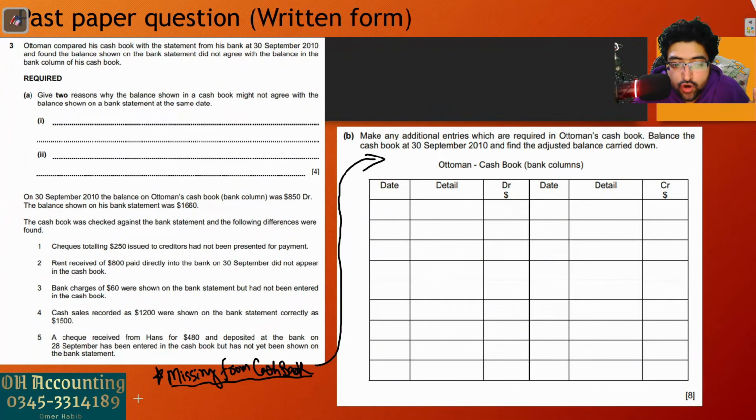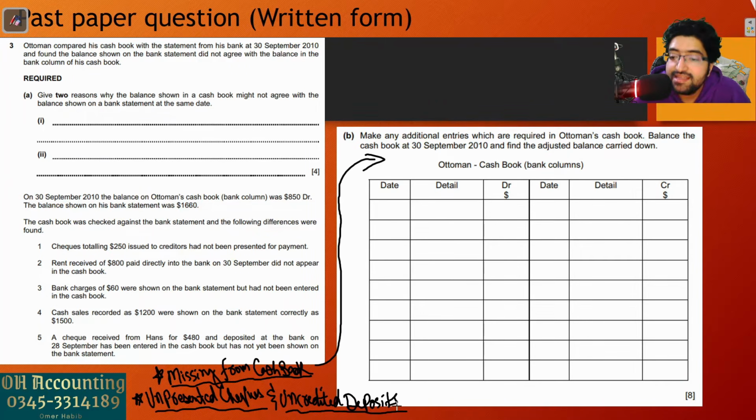Then you have to look for unpresented checks and uncredited deposits, because these are the things you need for the bank reconciliation statement in the next step.